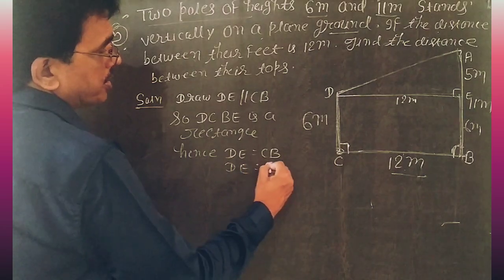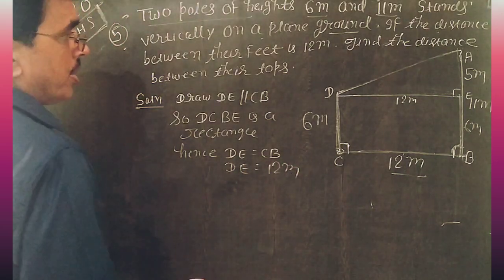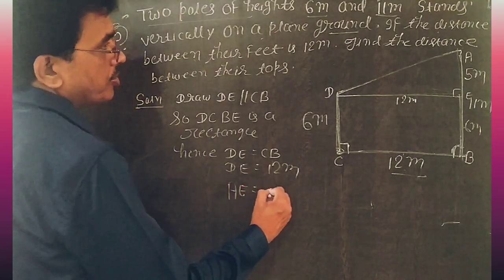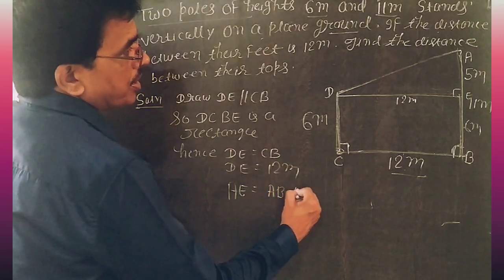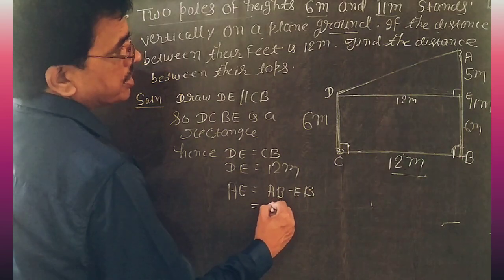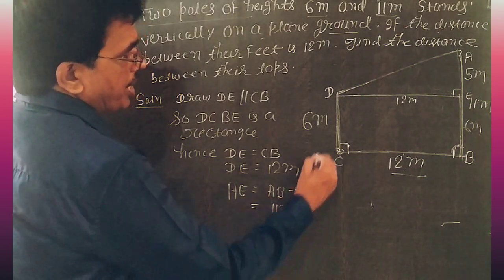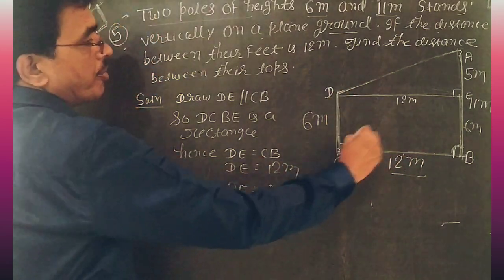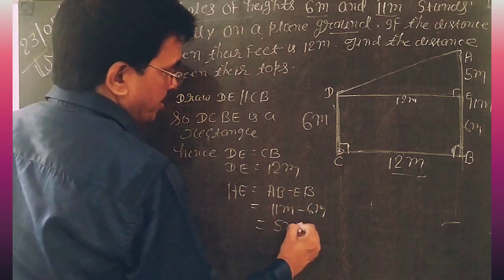Hence DE is equal to 12. What is AE? AE is equal to AB minus EB. That is, AB is 11 meters and EB is 6 meters, because EB is equal to DC. So it is 5 meters.